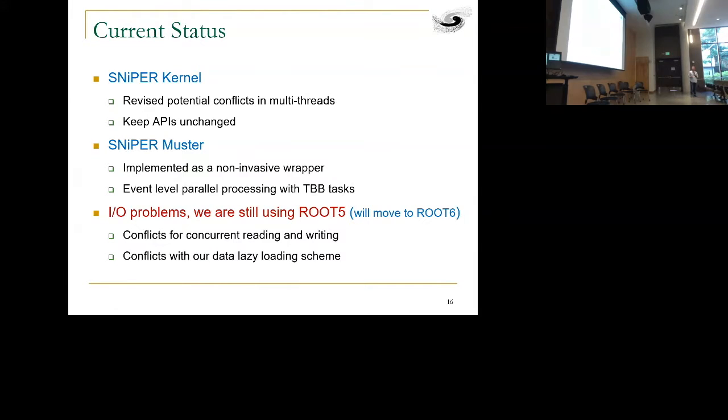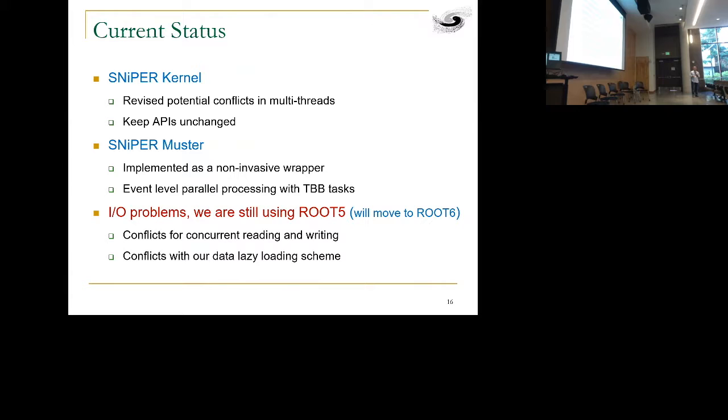And now, in the SNiPER kernel, we revised the potential conflicts in multi-threads, and for the SNiPER master, we implemented the non-invasive wrapper, and we can perform unit-level parallel protection with it.